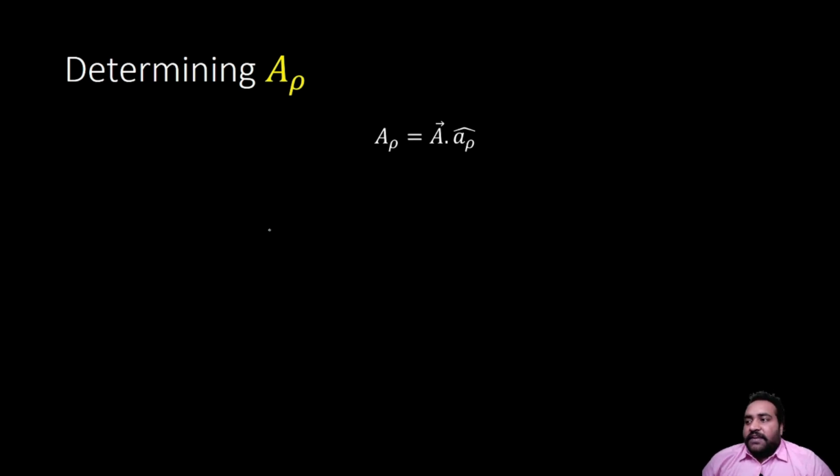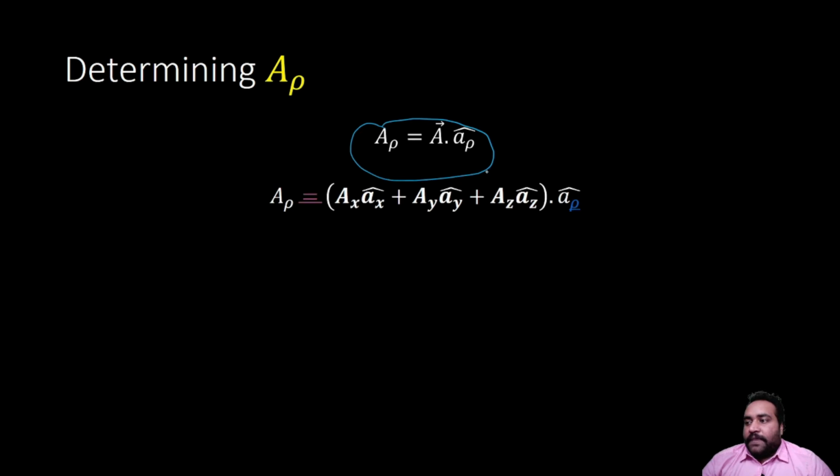This operation would give us the magnitude of the component along rho cap. Now, we substitute the expression known to us from the Cartesian coordinate system and perform the dot product with rho cap, which you remember can also be expressed in terms of ax cap, ay cap, and az cap.